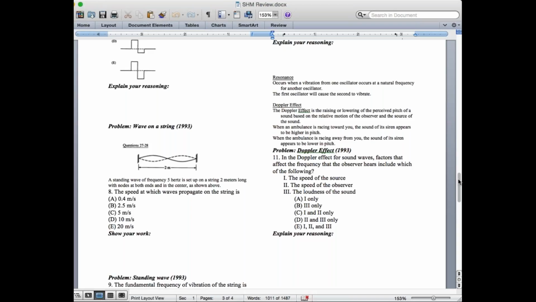Another idea that we're going to discuss here is the Doppler effect. Doppler effect is the raising or lowering of the perceived pitch of a sound. It's why when an ambulance comes towards you, it's a high pitch, and when it goes away, it's low pitch. You actually have a compression of the sound waves, so you have an increase or decrease of the wavelength, so you have to proportionally change the frequency. If something's coming towards you, the wavelength is shorter because you have a compression.